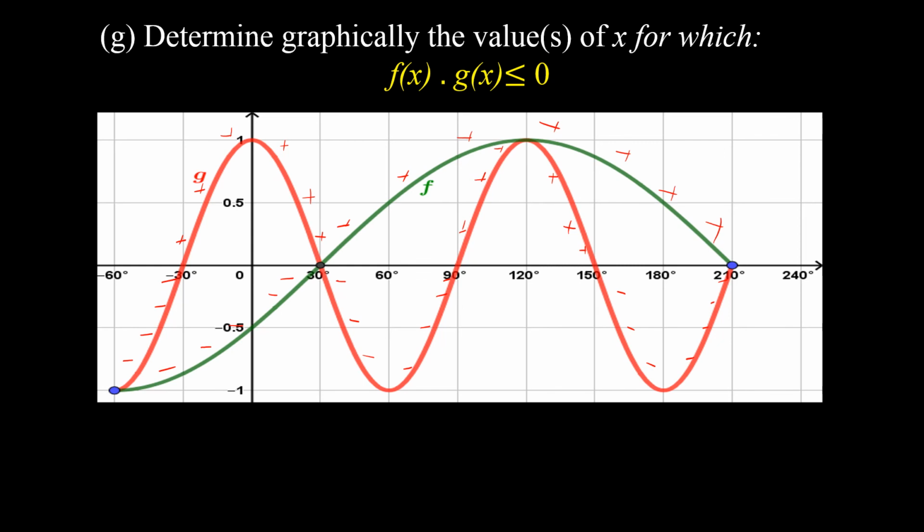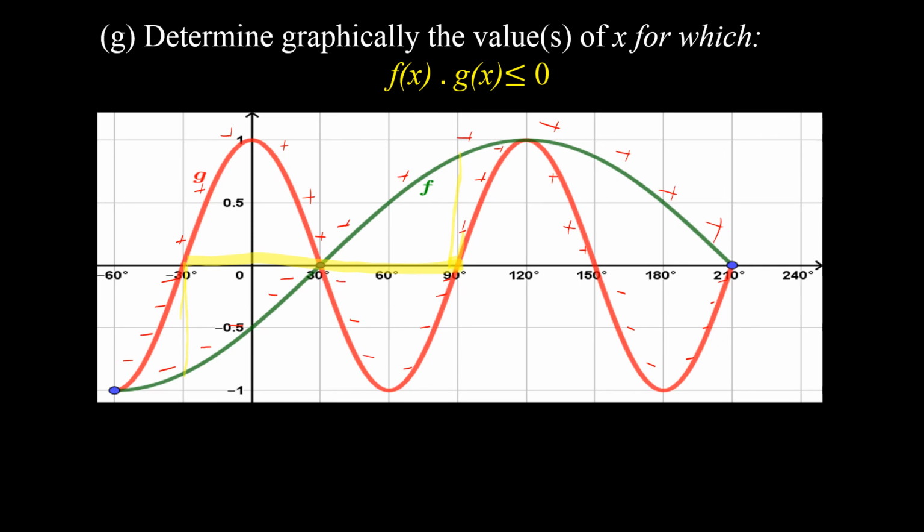Now our question is less than or equal to 0. When you multiply, you must get a negative. So look at this one, negative times negative, you cannot get a negative. But after this point, what is this? Positive times negative, positive times negative, up to where? Here, up to 90. So we get negative from this 30 degrees up to 90 degrees.